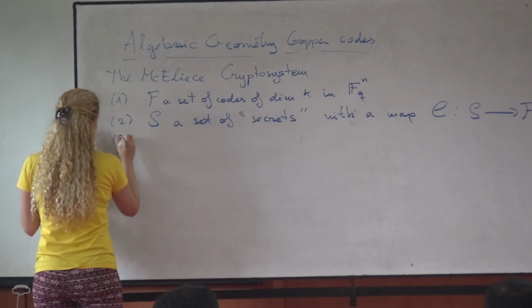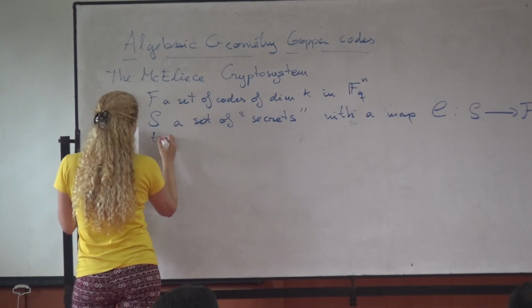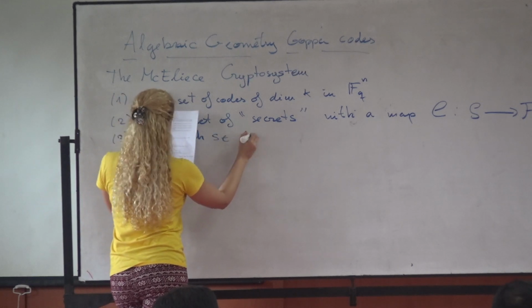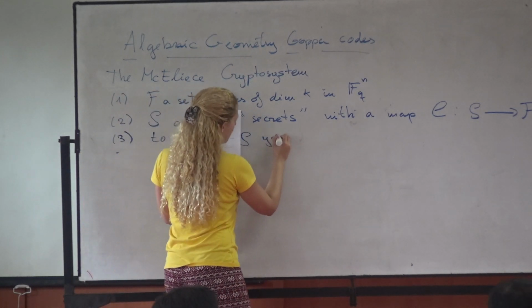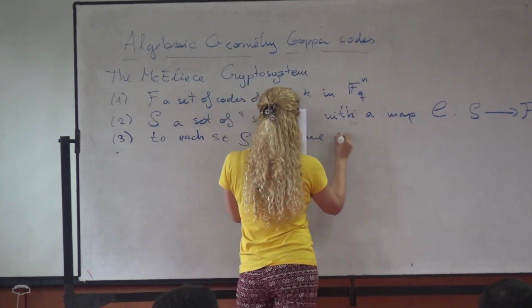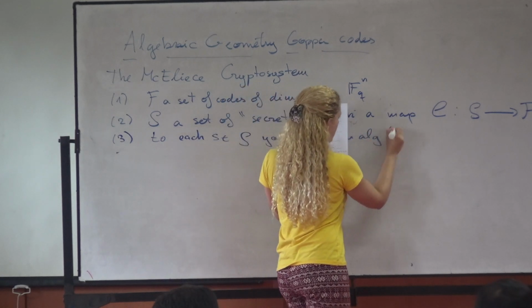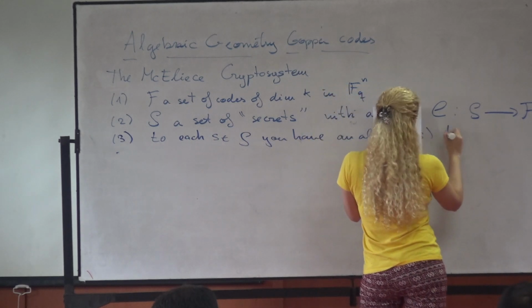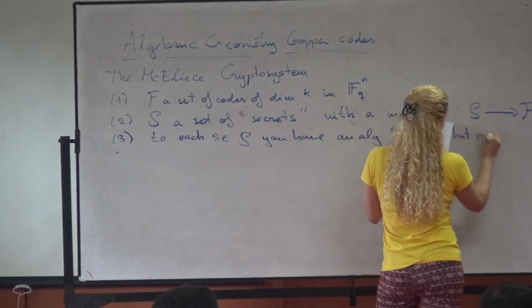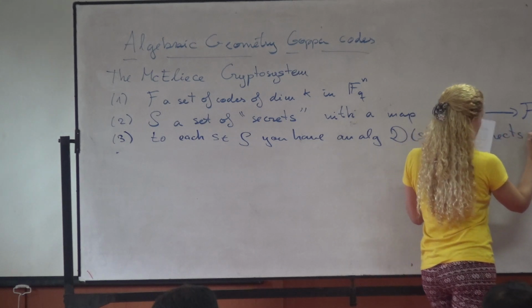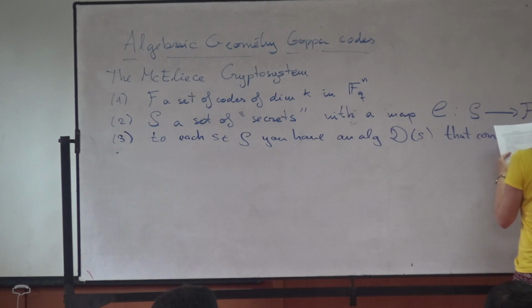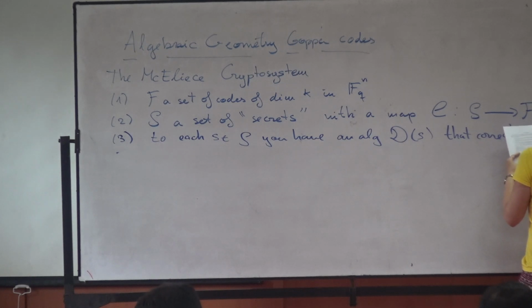And now the other thing that we need is that to each secret s you have an algorithm associated that corrects the errors for the code associated to your secret.